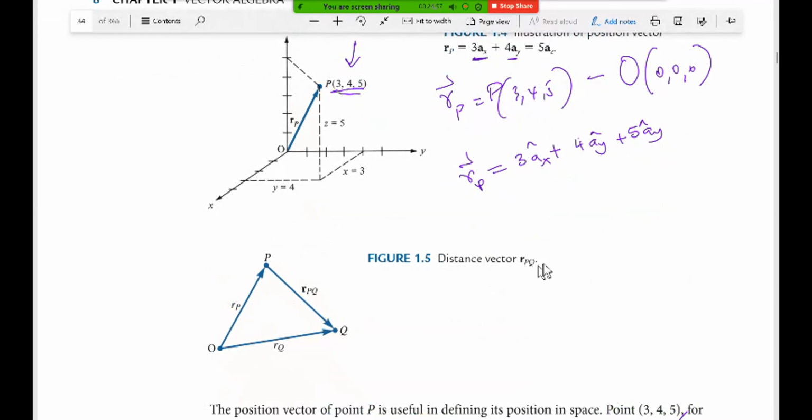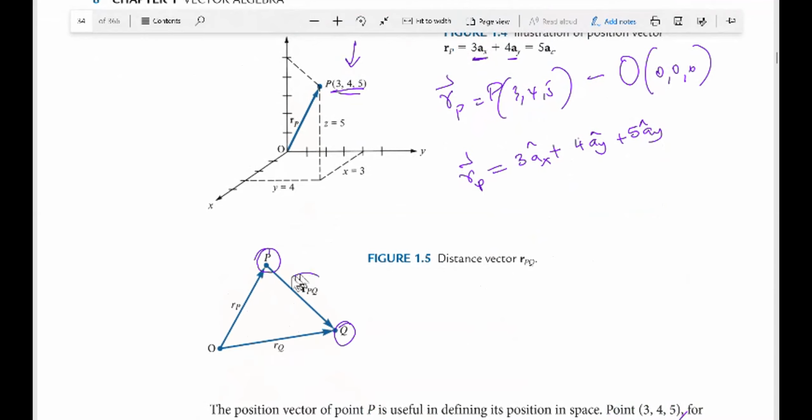But now assume that you have 2 points P and Q. For point P, you can get its position vector from the origin as RP. And if you have a point Q and you want to find its position vector, you of course go back to the origin.